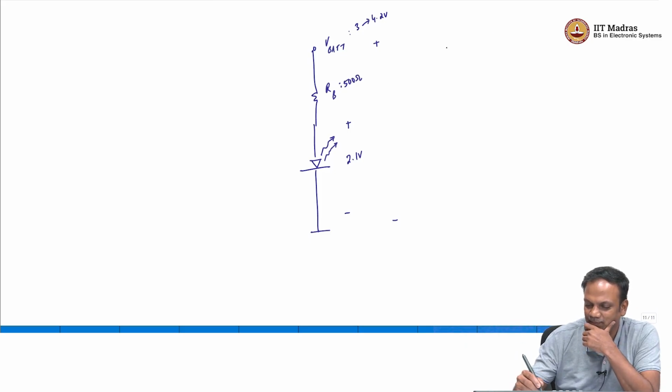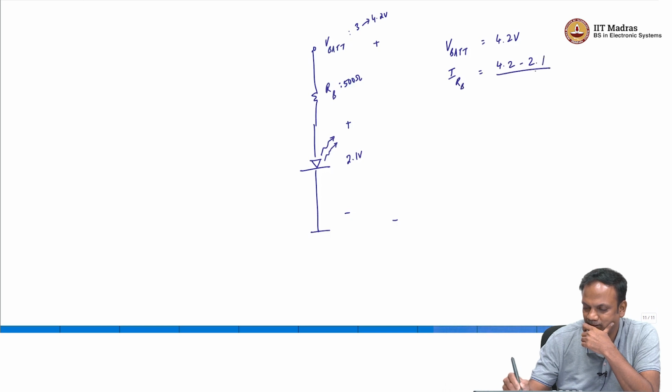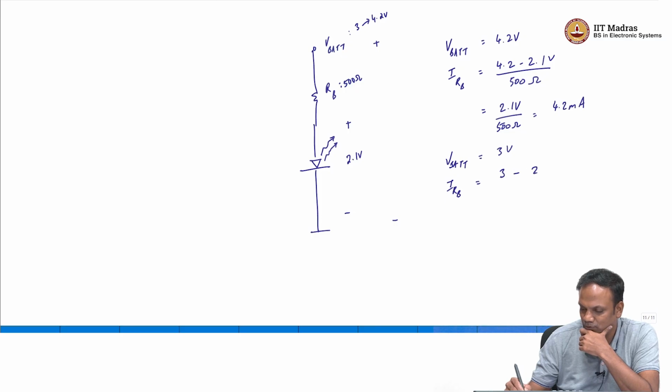When VBAT is 4.2 volt, the current through the resistor is (4.2 minus 2.1) by 500 ohm, which is 2.1 volt by 500 ohm, which is 4.2 milliamp. When VBAT is 3 volt, the current will be (3 minus 2.1) volt by 500 ohms, which is 0.9 volt by 500 ohms, which is 1.8 milliamps.